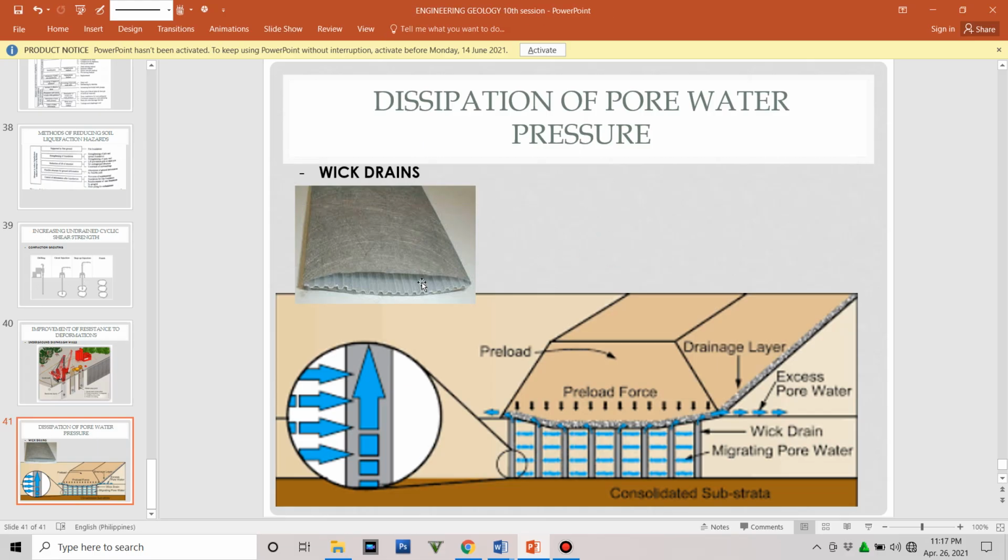Ito yung weak drains, ano? Para siyang sheet na may mga butas. Of course, if we're going to insert that one, madadivert yung tubig. Of course, madidrain. So, merong internal draining. Pag tinusok mo yung clay, tataas yung tubig. Pero pag tusok mo, hindi tataas yan kaagad, of course.